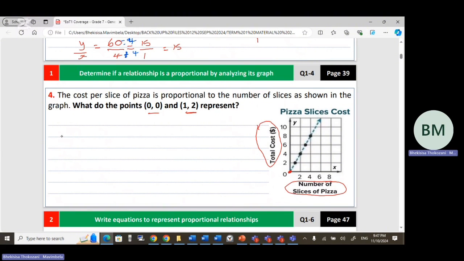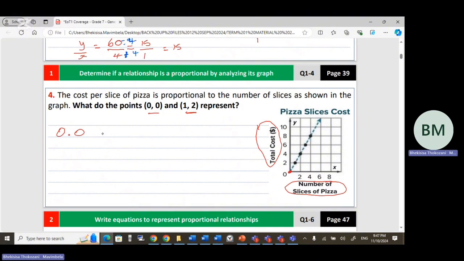So if you can say 0 is to 0, so for every 0 slice, it will cost us $0. So that's what it simply means.